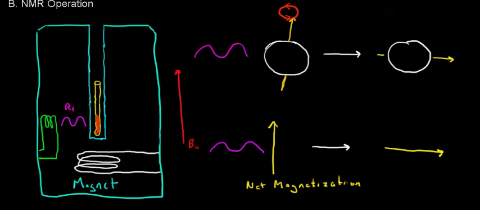Now, the thing is, this RF radiation is rotating. That is, it's got this frequency. This could be 1, 2 cycles per second, maybe 1 cycle per second, but there's some frequency to this. And that's pushing this net magnetization perpendicular to the magnetic field, but it's also causing it to rotate.